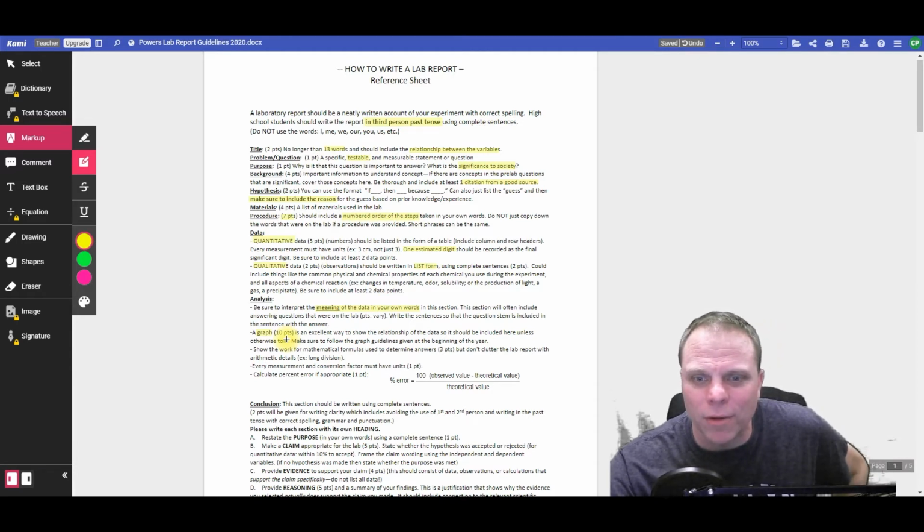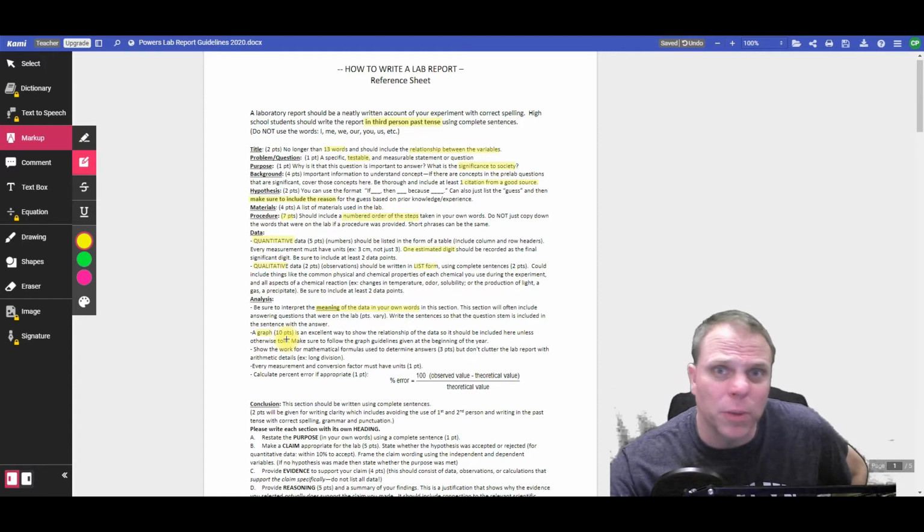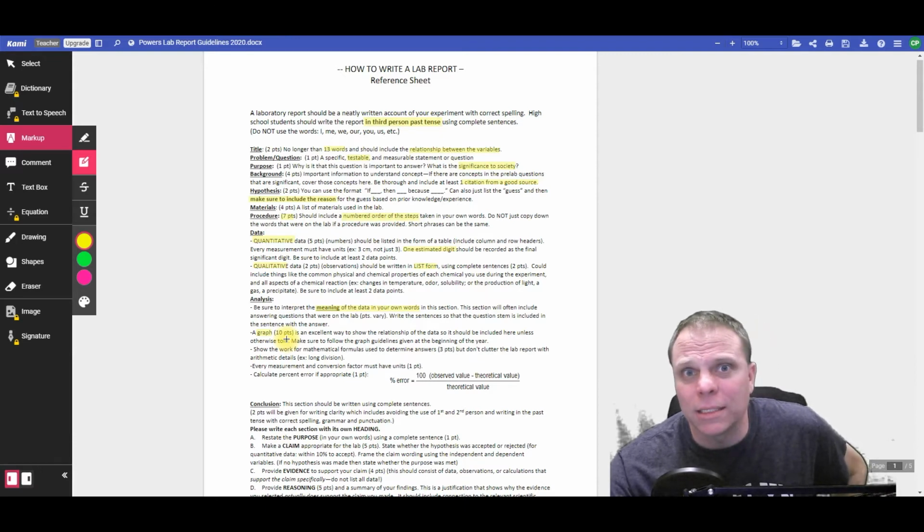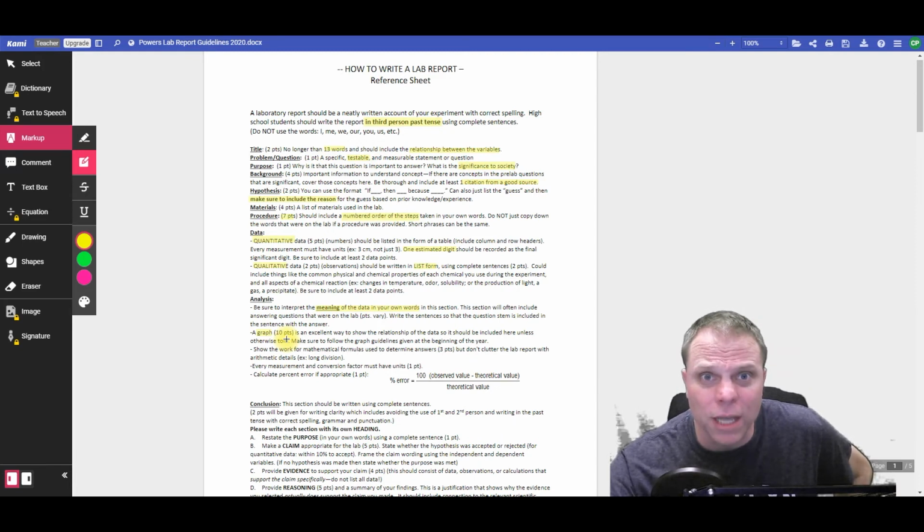And so that's why a graph is a great way to show the relationship. Now you're going to show the relationship between a couple of variables here, right? So choose your variables, like your experimental variable versus your dependent variable, and show us what the relationship is between those two. Make sure you follow the guidelines for the graphing, okay? Graphing has its own set of guidelines, about 10 points. Make sure you follow those guidelines to do your graph.